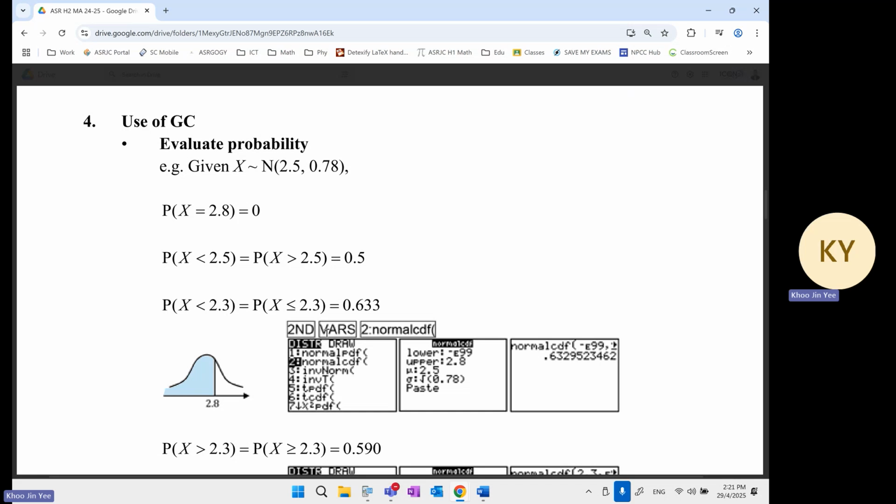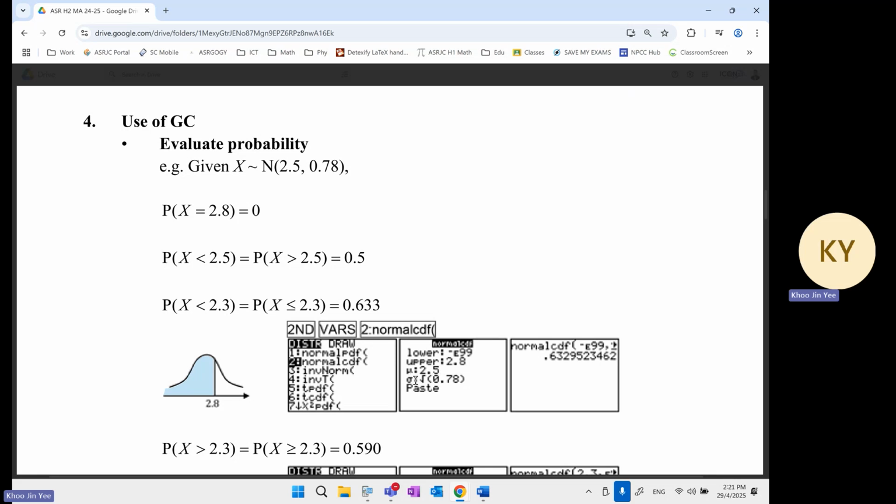You go to your second variable, then look at the distribution, then you key in normal CDF. The lower is negative E99, meaning negative infinity. Upper is 2.8. So from negative infinity until 2.8, the mean is here. Now for this one we key in the standard deviation.